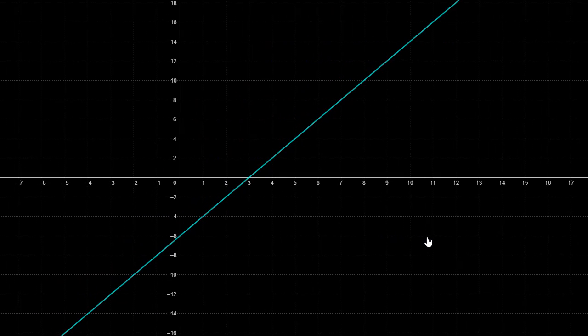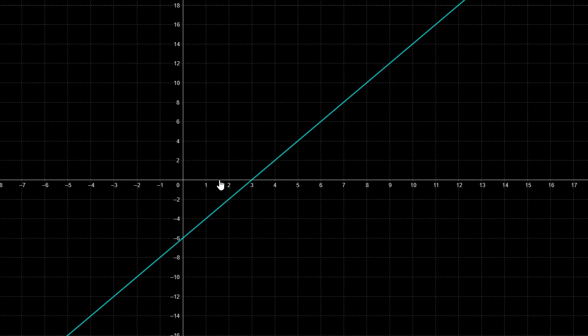Okay, and if we're looking at the definite integral from 1 to 6, we're basically talking about this shaded area right here. Now notice, part of it is underneath the x-axis, and another part of it is above the x-axis. So anything below the x-axis is going to be negative, anything above the x-axis is going to be positive.